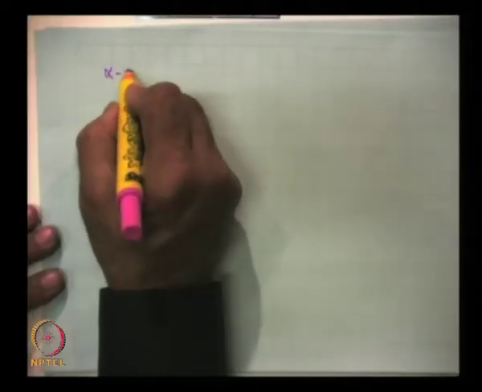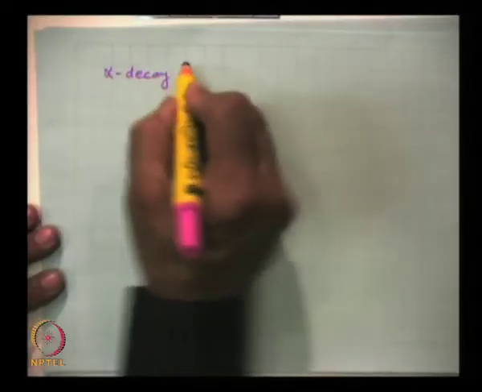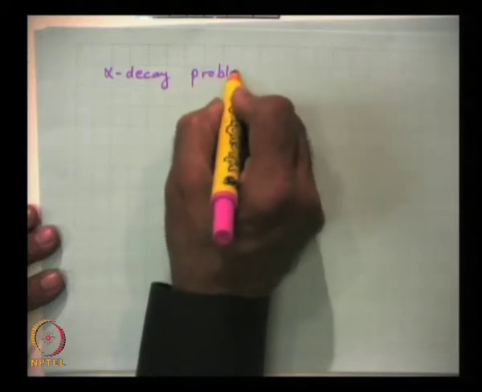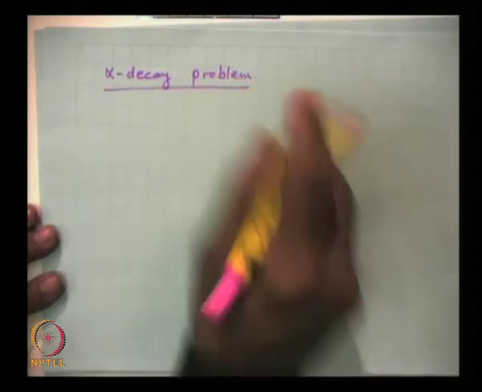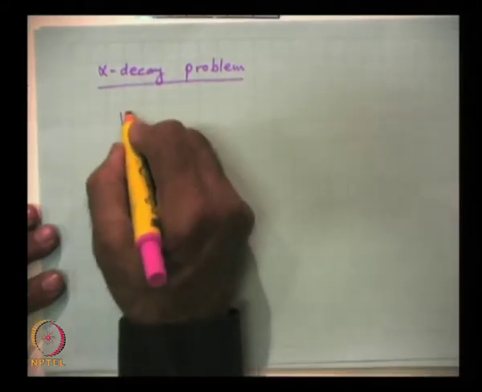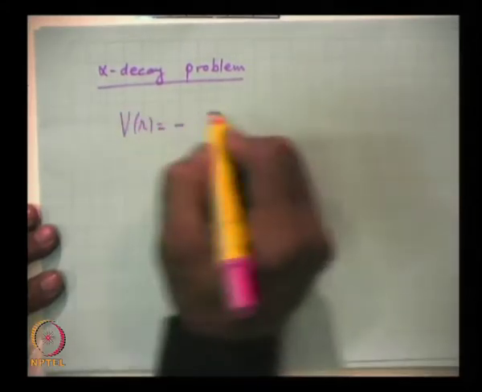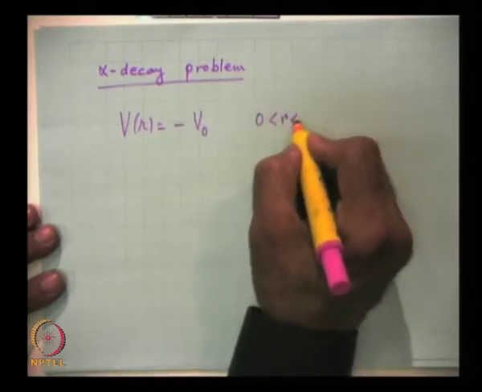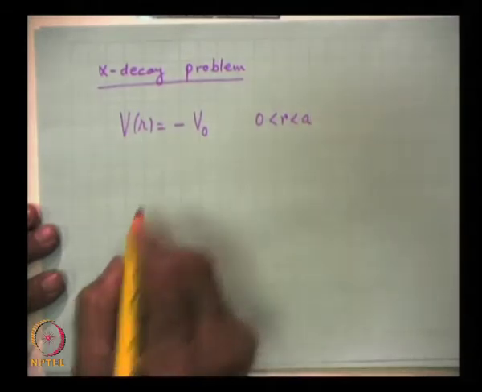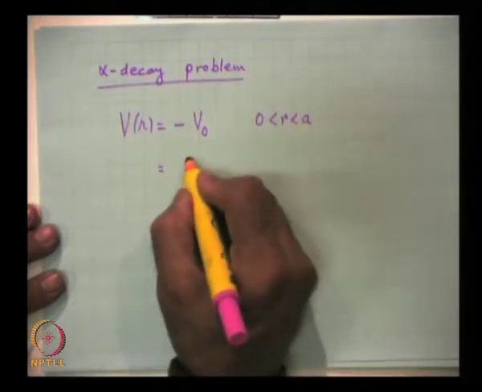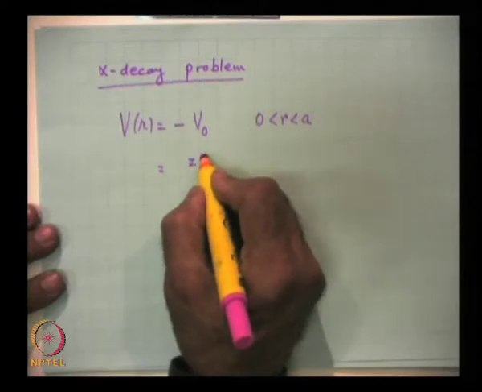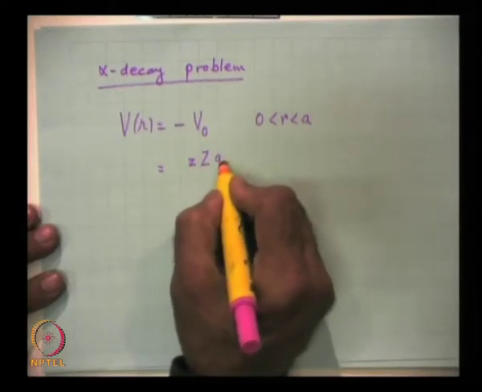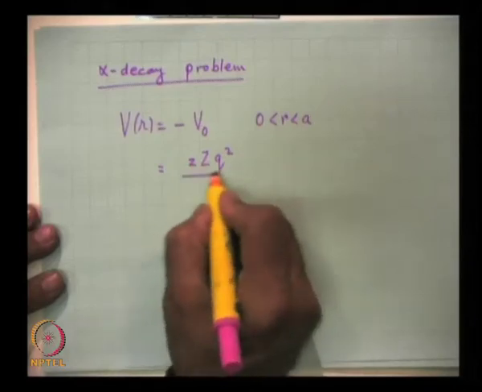So, for the alpha decay problem, we will have V of r equal to minus V 0 for 0 less than r less than a, and equal to z capital Z q square by 4 pi epsilon naught r for r greater than a. Here small z is 2.